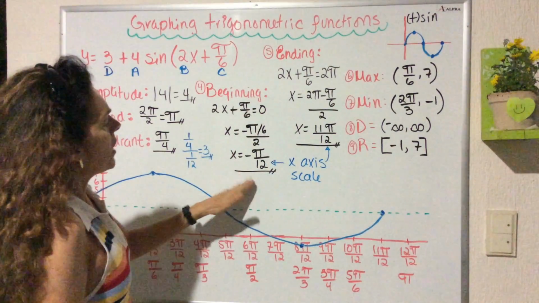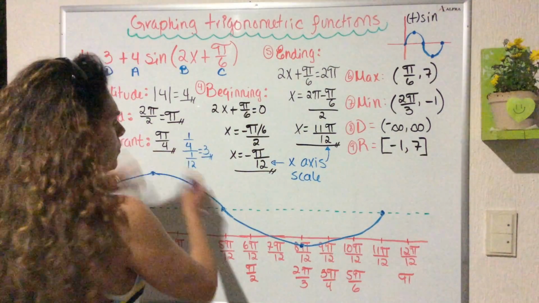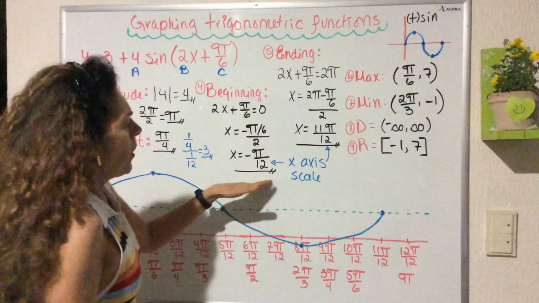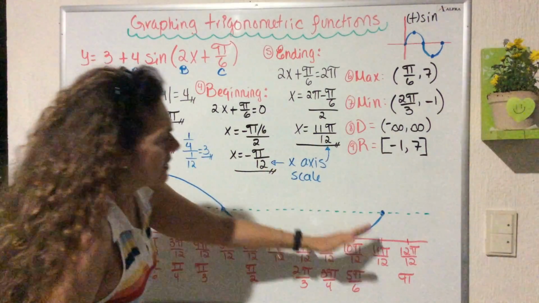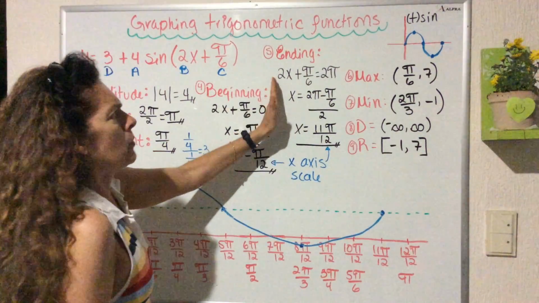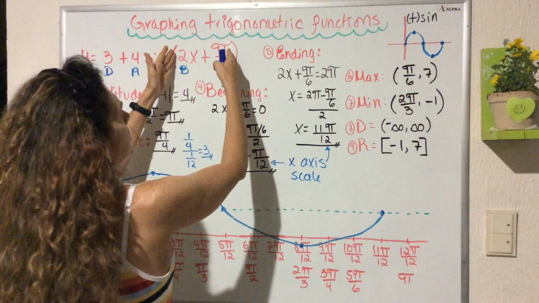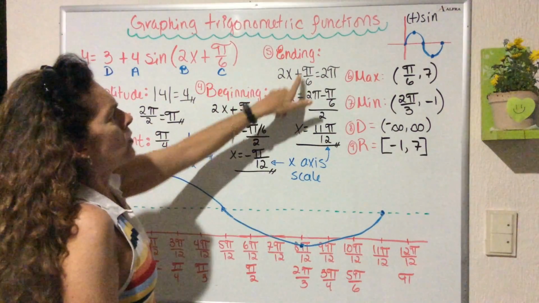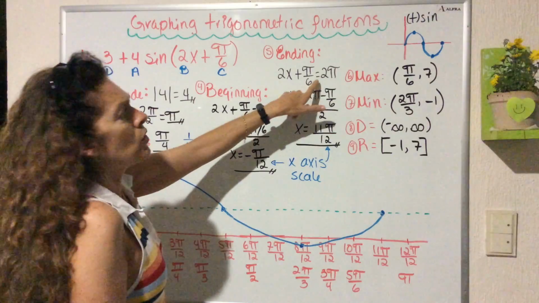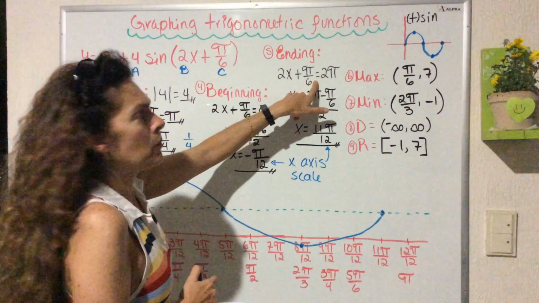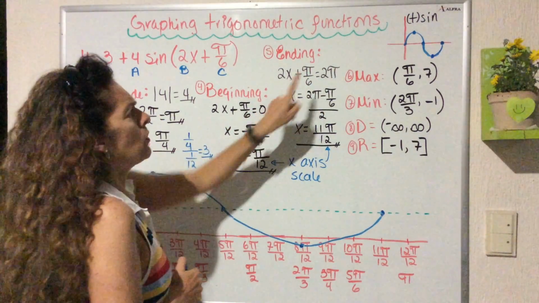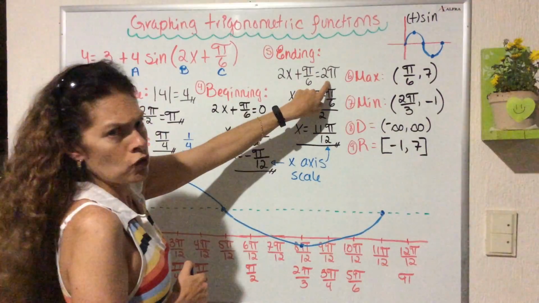Sorry, I started explaining how to plot the points, but anyway, we'll have to get the same ending, okay? Let's solve this one. For the ending, you take what you have inside the parentheses, which is 2x plus pi over 6, and you equate it to 2 pi. Remember, the beginning equals 0, the ending equals 2 pi.